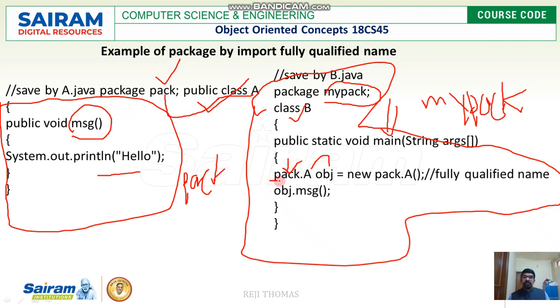So this is what we are talking about. You have to give a fully qualified name. We are not using any import statement. We are not importing anything. So whenever you refer to class A, you have to give its complete name or fully qualified name. So here it is pack.a, and obviously we are going to get the output as hello. That's it.